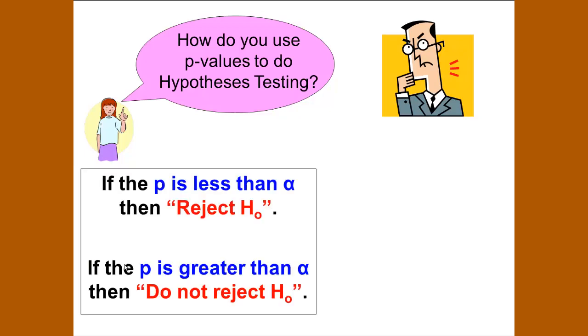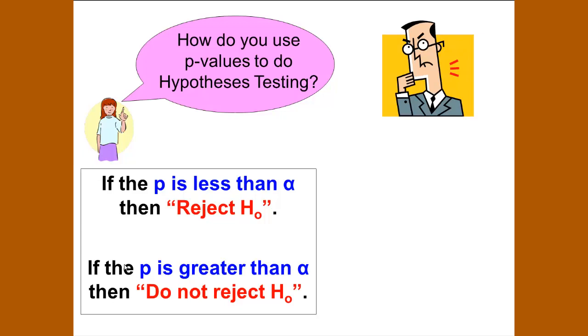Basically, it's a comparison of the p-value to the alpha significance level, or the alpha risk value. So if the p is less than alpha, then we reject H0. If the p is greater than alpha, then we do not reject H0.